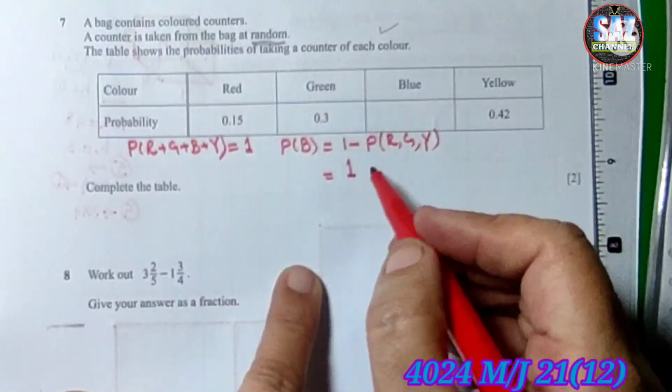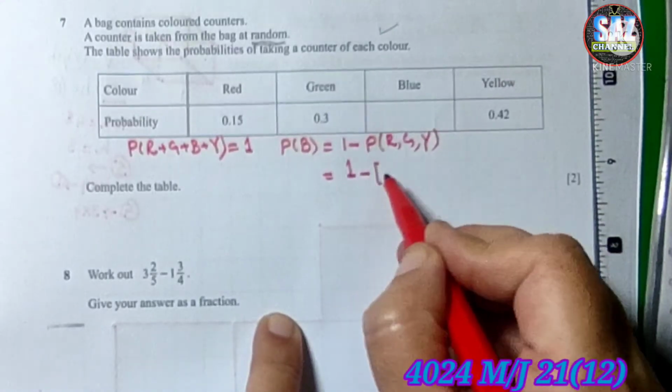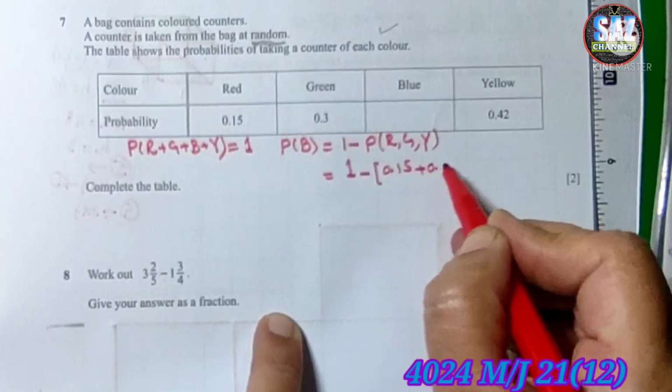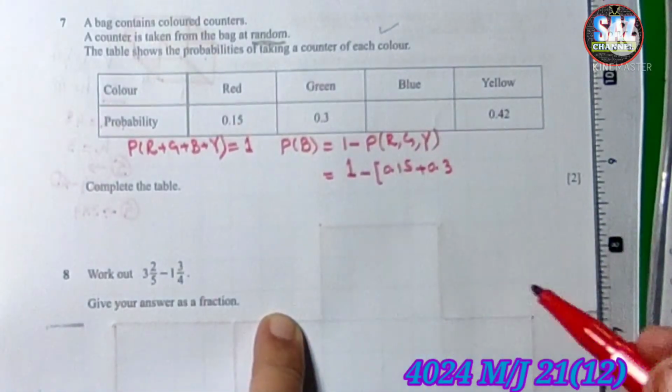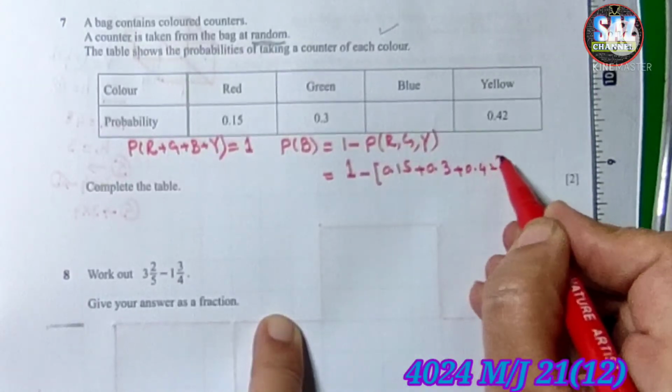Okay, now 1 minus the probabilities 0.15, 0.3 and 0.42, complementary events.